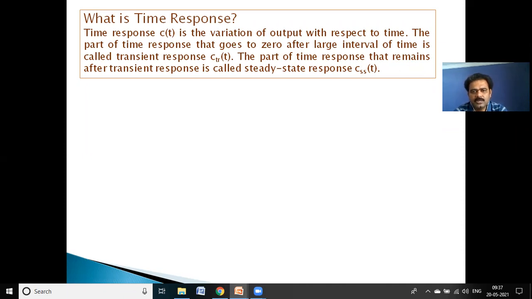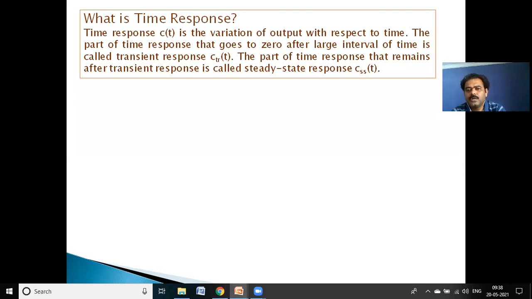Till now, in electrical circuits 1 and 2, we have studied only the steady state response, 230 volts. That is a steady state value. At any instant of time, if we measure the quantity, it is always 230. That means it has reached a steady state value.